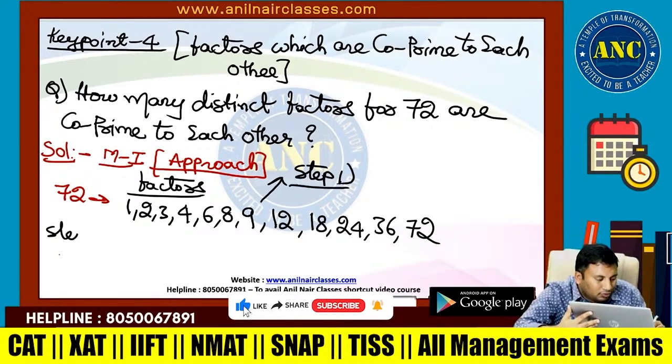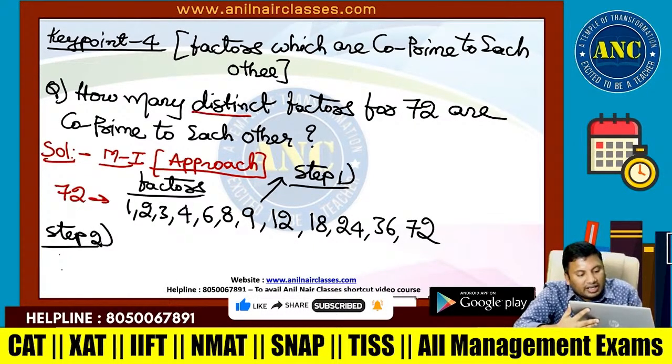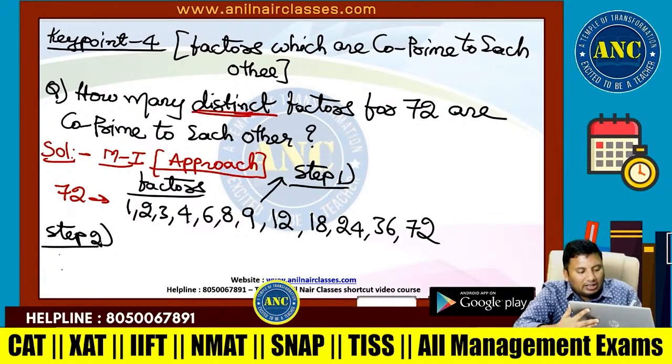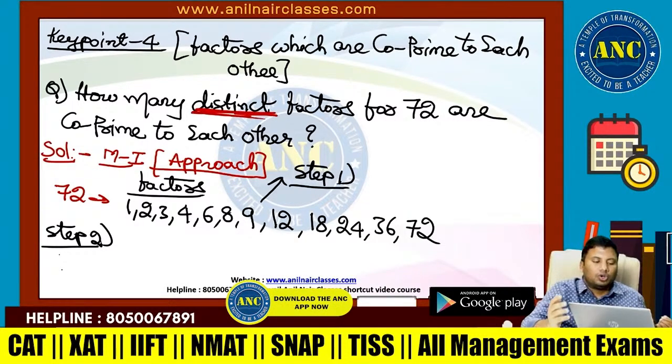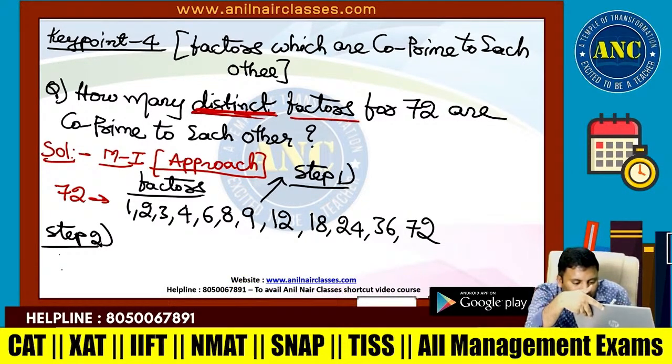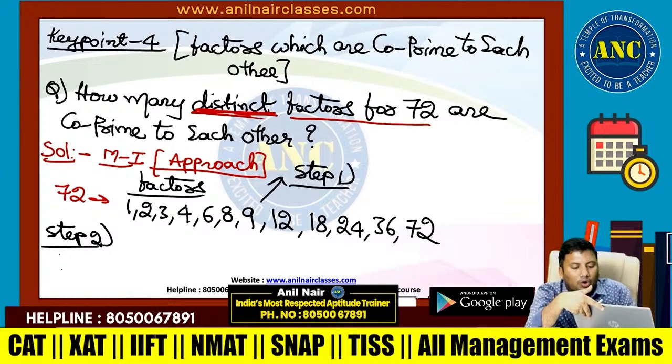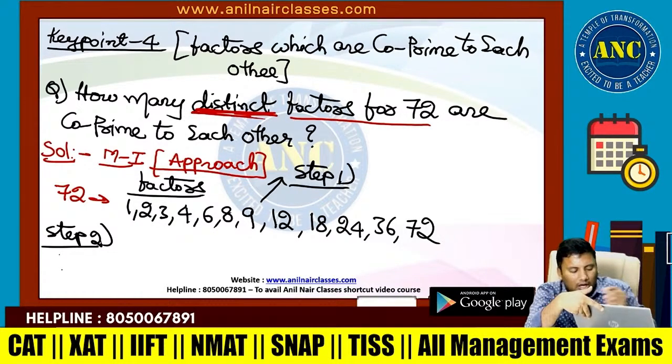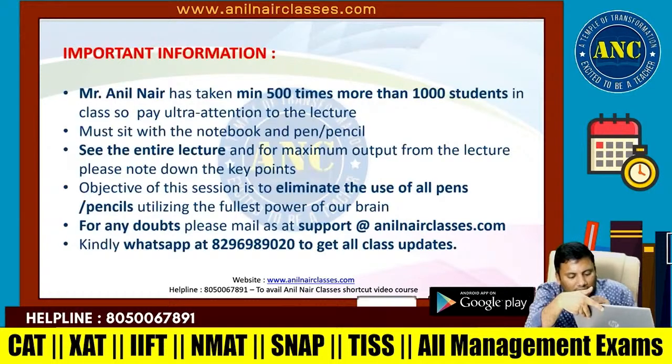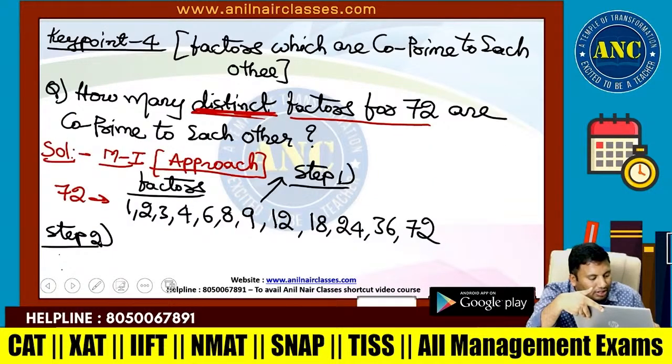Step 2: now read the question. The question says, how many distinct factors for 72 are co-prime to each other? Underline distinct: no two should be the same.